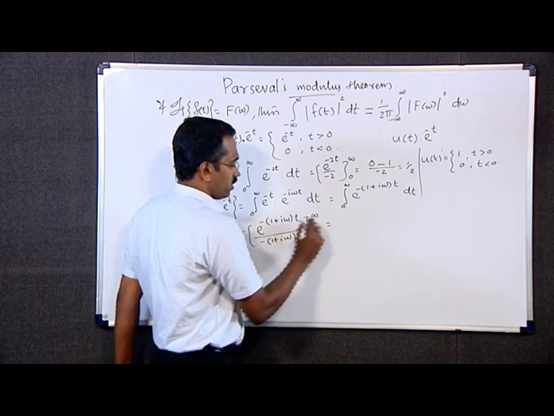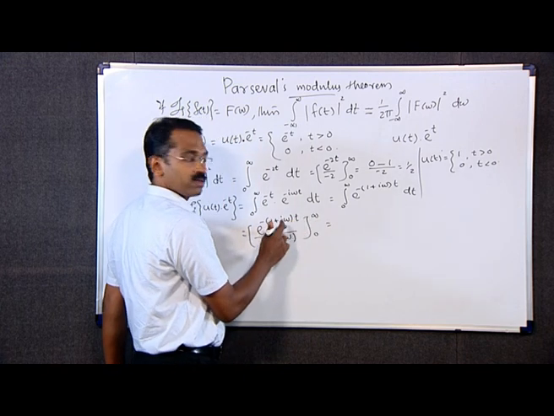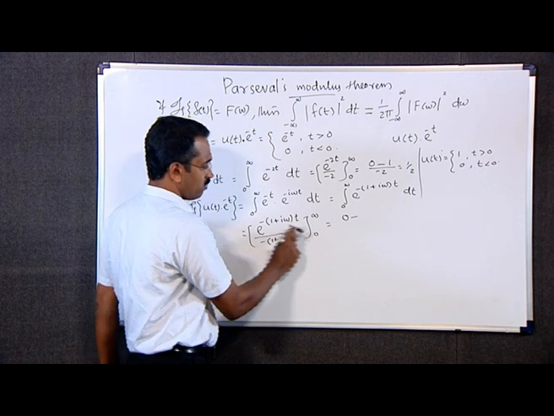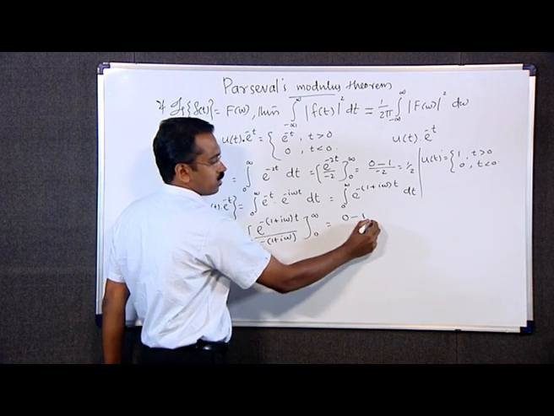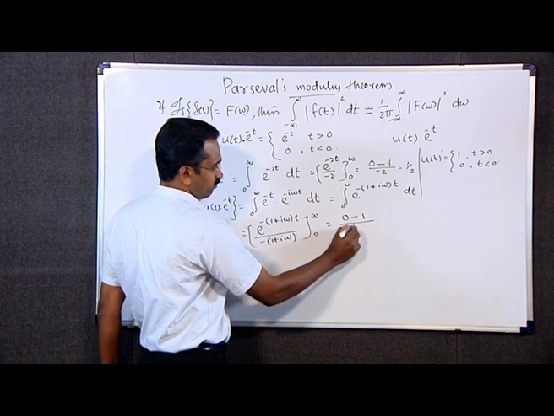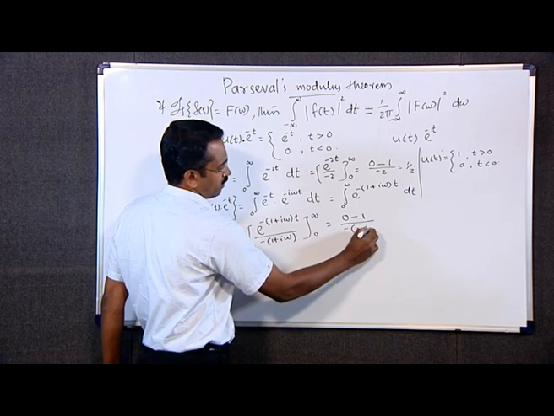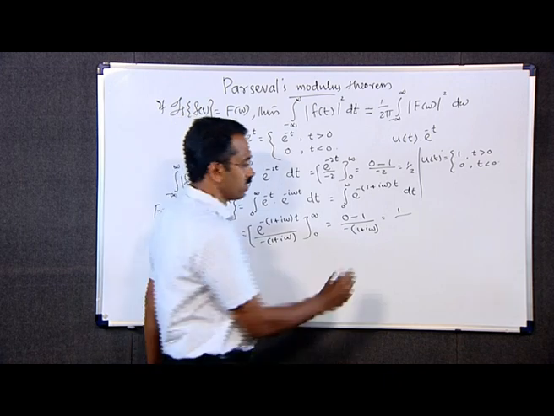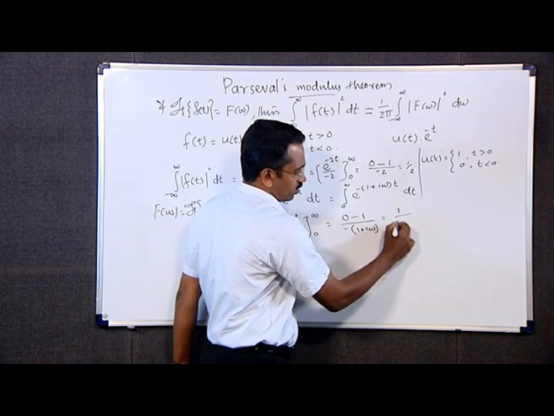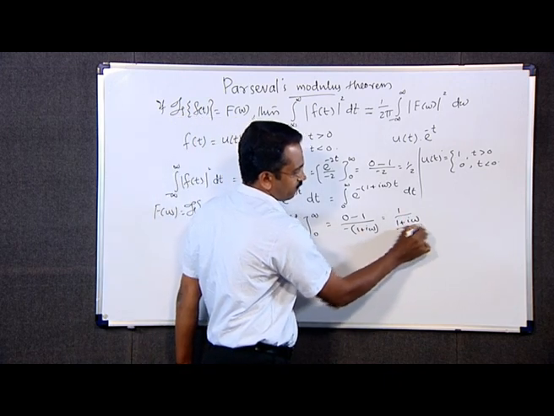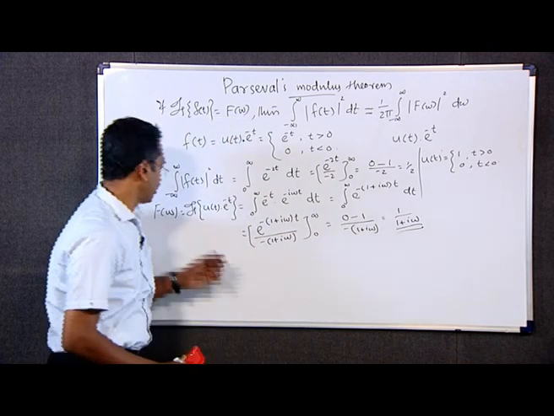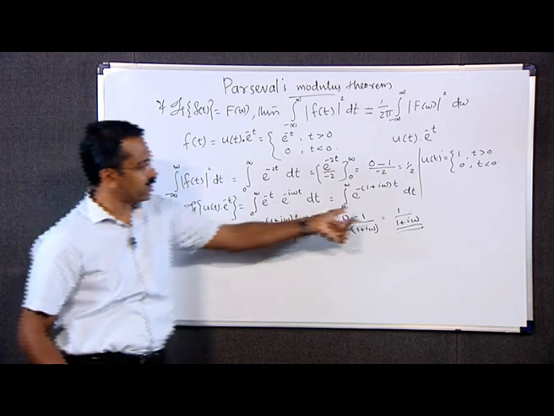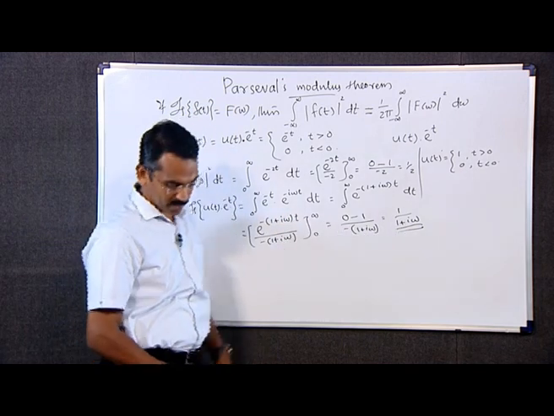That is, when t tends to infinity, this term tends to e raised to minus infinity, that is 0, minus, when t equal to 0, it is 1 divided by minus of 1 plus i omega, that is 1 by i omega plus 1 or 1 by 1 plus i omega. This is the Fourier transform of the given function, that is f of omega equal to 1 by 1 plus i omega.